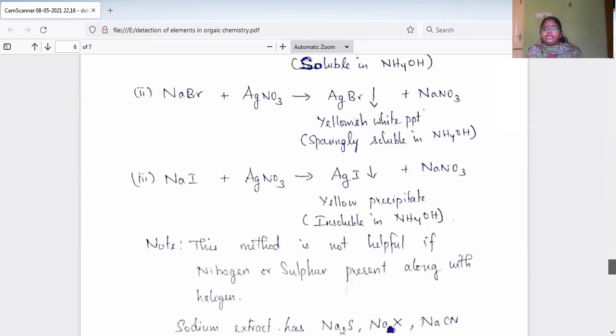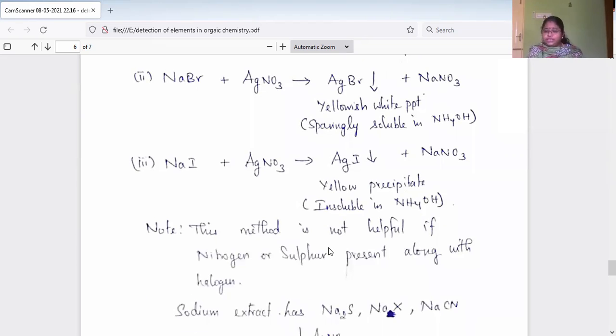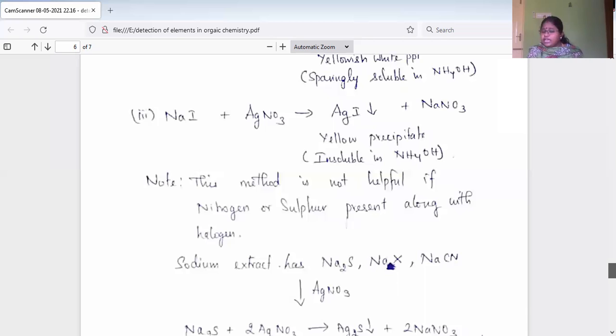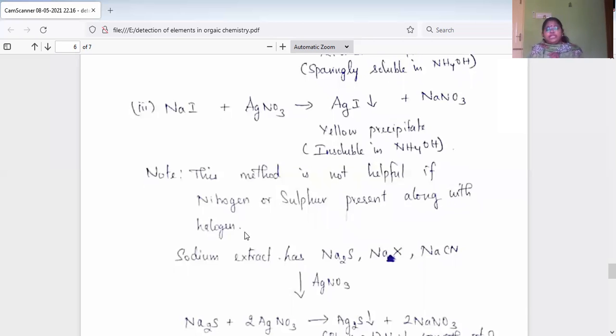And AgI, which gives a yellow precipitate, is insoluble in ammonium hydroxide. Got it? So this method is not helpful if nitrogen or sulfur is present along with the halogen.